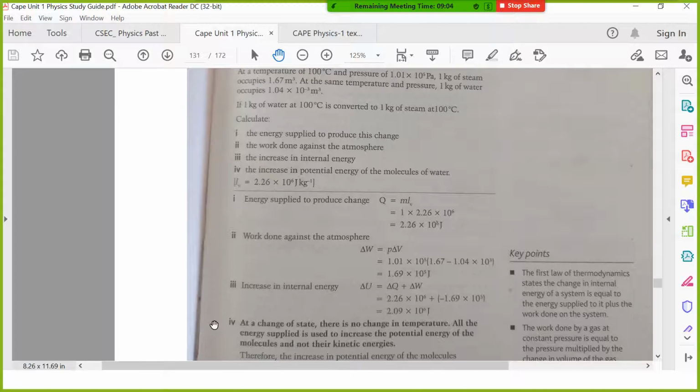I'm saying, sir, they assigned the negative sign to the work done against the atmosphere when they were working the internal energy. Yes, yes, because we said that the work done against the atmosphere should be negative, right? Should be negative. Since you're doing work against the atmosphere, it should be negative.